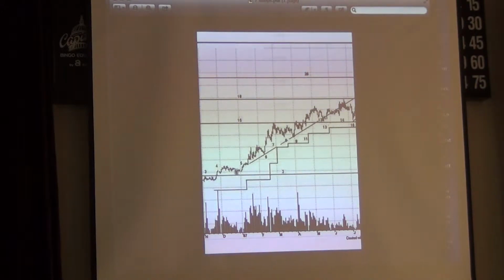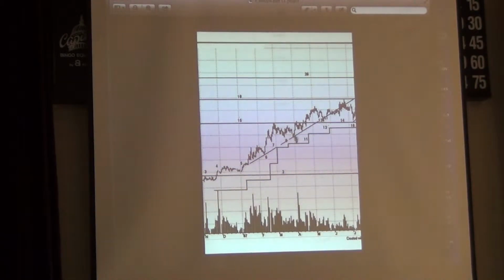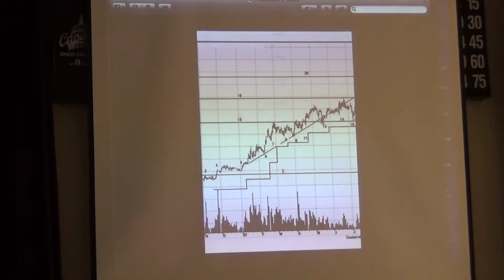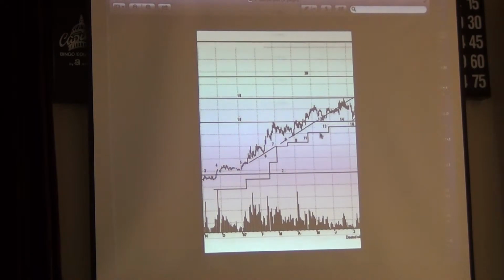So here's a wave low, here's a wave low, here's a wave low, and when you get a wave low like this, then you use that as what Magee called a basing point.